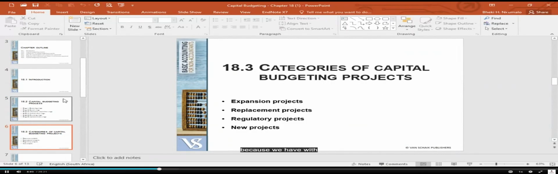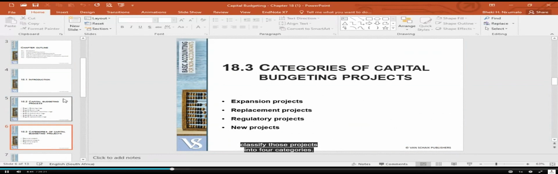This may be necessary to improve safety at work or to preserve the environment. So that one also should be taken as regulatory projects. If it's a new project, we have never engaged in this project, it's a new project, but we should be able to classify those projects into 4 categories.